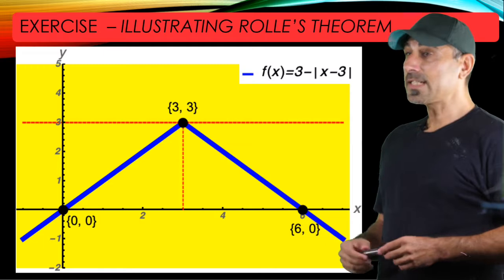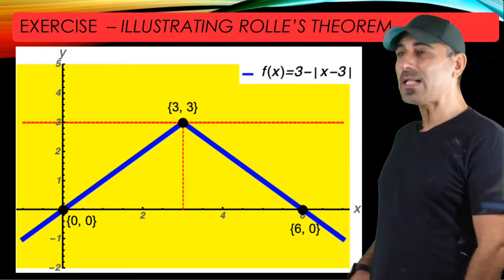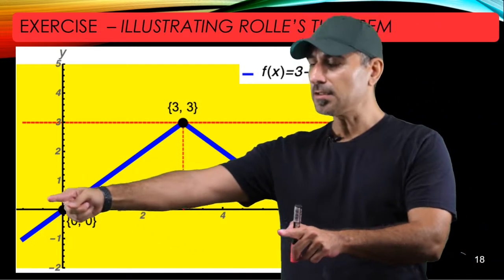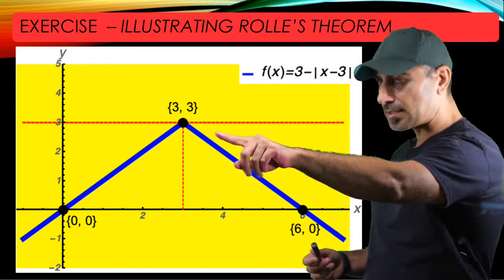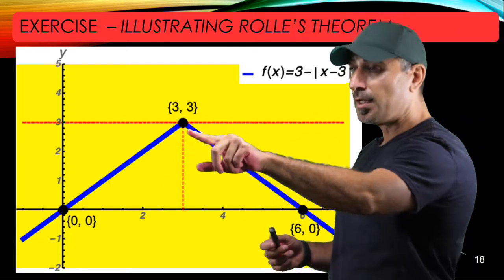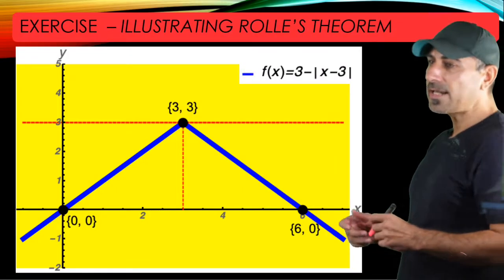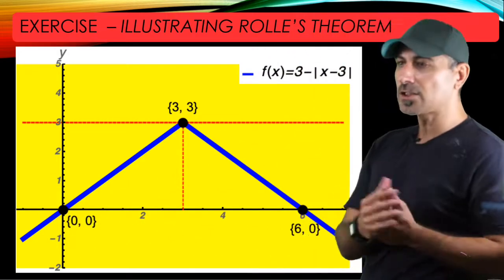Now let's look at the graphical outlook of the function 3 minus the absolute value of x minus 3 on the interval 0 and 6. As you see, at the point 3 there is a corner or cusp where f prime is not defined. We still have the function values being the same at the endpoints, which was another condition in Rolle's theorem.